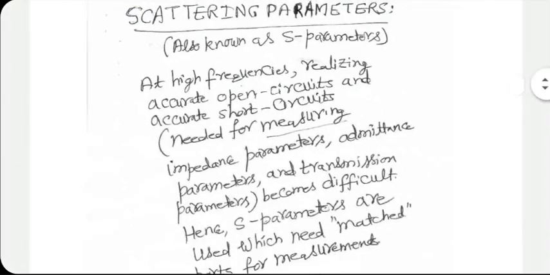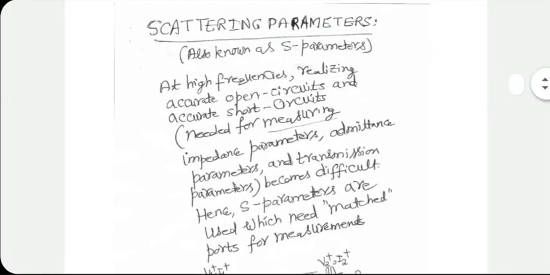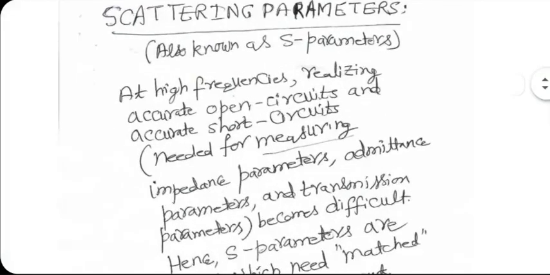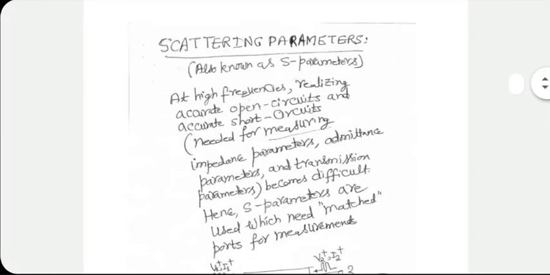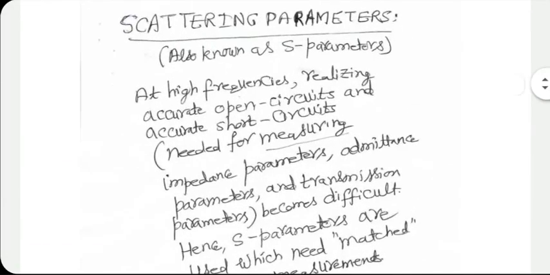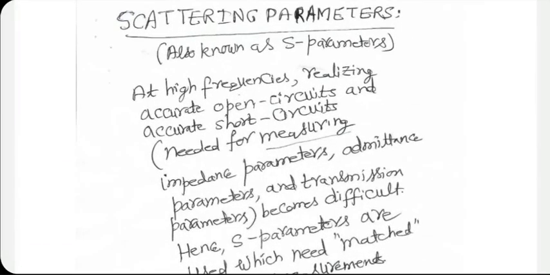A more reliable technique for defining circuit parameters, and this applies to transmission lines also. Transmission line, after all, is a two-port network. A more reliable method, which industry prefers for characterizing two-port networks at high frequencies.